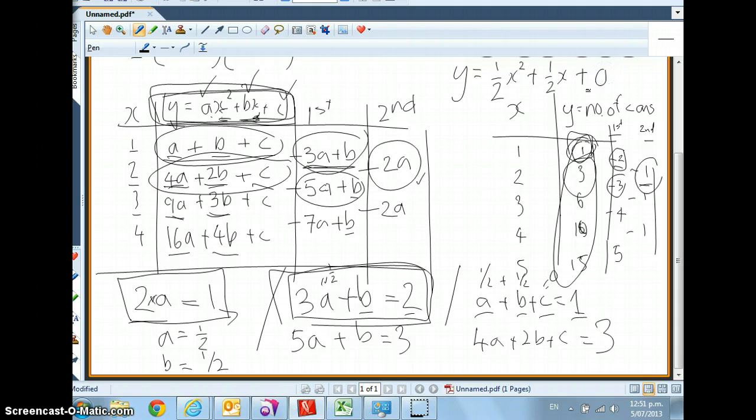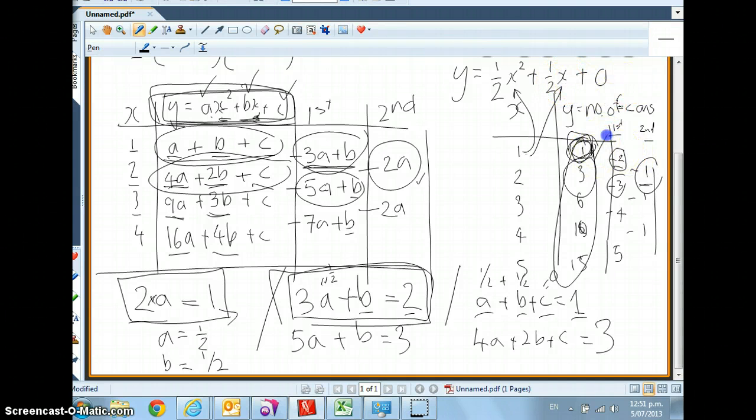Now, to prove that this is the correct formula, I'll show you that it works. Put 1 into here, and into here, and we should wind up with the number 1. 1 squared times a half is half, plus half of 1, so half plus a half is 1.